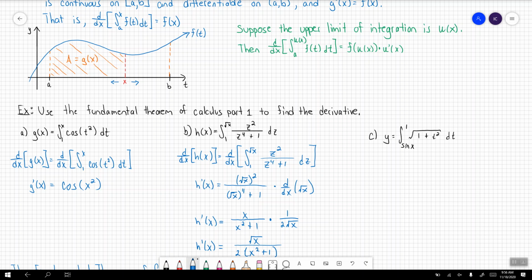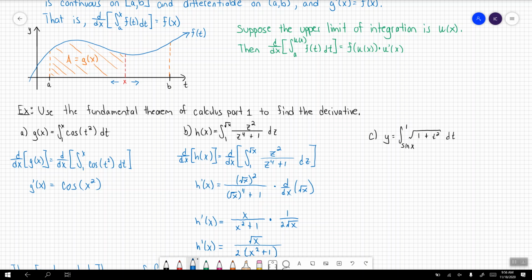So, perfect. Everything's looking good so far. Now, let's look at the last one for part C. Looking at part C, I see that y is equal to the integral from sine of x to 1.